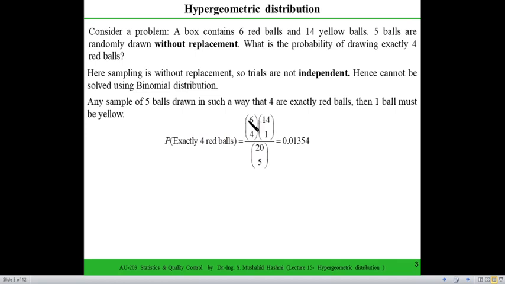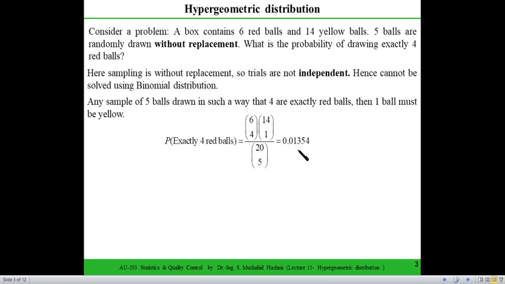First you pick the red balls, so 4 red balls are chosen out of 6 red balls, that is 6 combination 4. Then you need to pick 5 balls, so 1 ball must be from the yellow, and you have 14 yellow balls, so 14 combination 1. If you multiply that, you get the numerator of the probability, and this way you calculate it. So 1.35% is the probability.